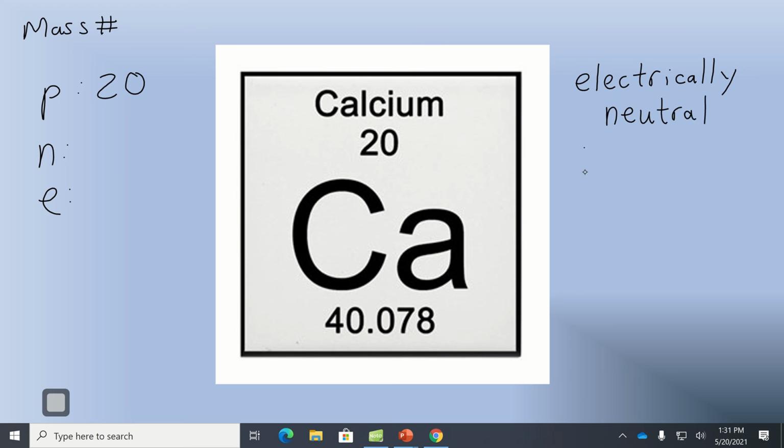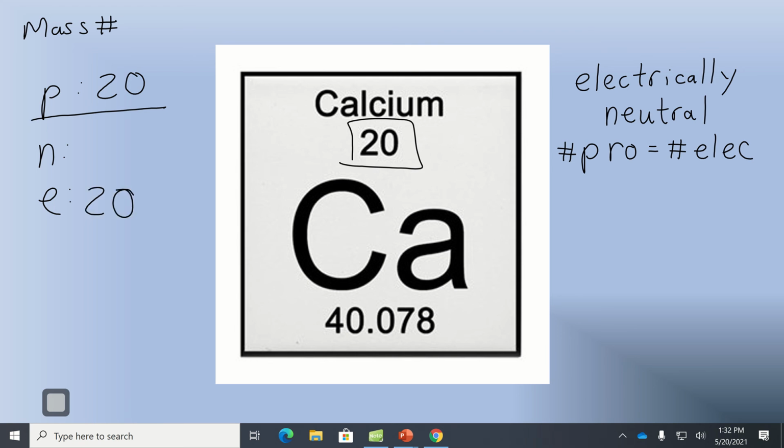What that means is the number of protons will equal the number of electrons. All right. They will always equal each other for now. So that means if I know the atomic number is 20, that's the number of protons. That's still what the number of protons is. It just happens to be equal to the number of electrons right now.